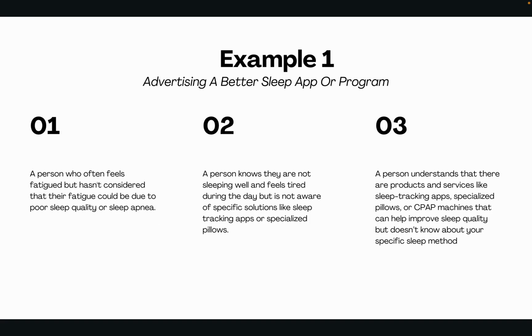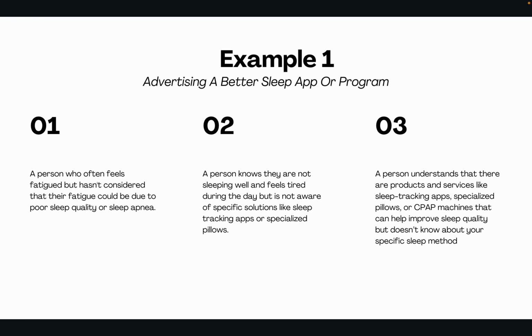So this is the first example. Let's assume we're advertising an app or a program that helps people sleep better. Now, who is someone who is unaware? The unaware prospect is someone who feels fatigued but hasn't considered that their fatigue could be due to poor sleep quality or sleep apnea, right?